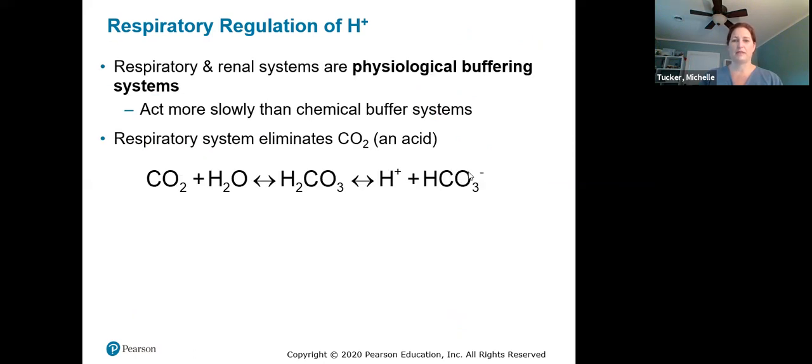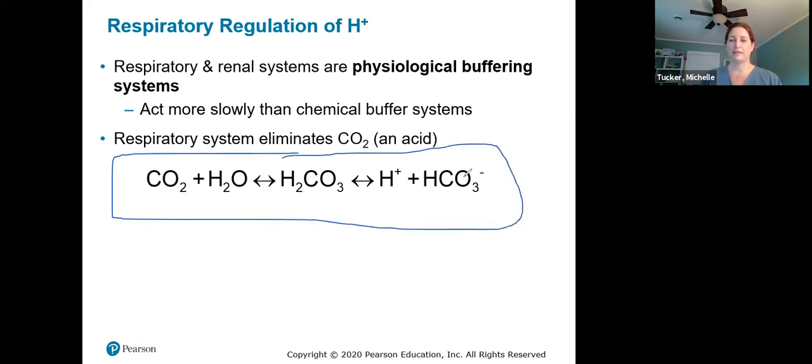For now, be able to write this equation both in chemical format as well as in words. You should also be able to identify that the respiratory system works on the CO2 component of this equation.